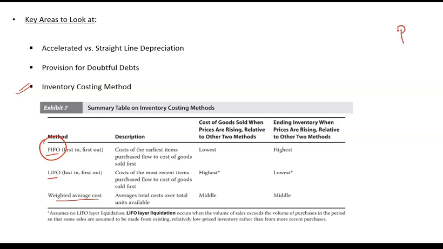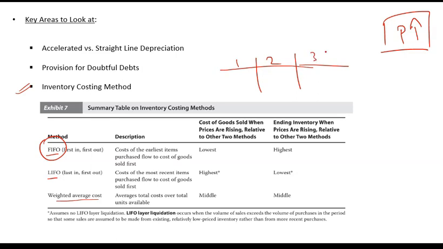If prices are going up, then in times of rising prices, what you buy earlier will have a lower price. Let's say in the first year I bought something, then the second year, then the third year. The cost of buying something in the first year will be lower, and the cost in later periods will be higher.